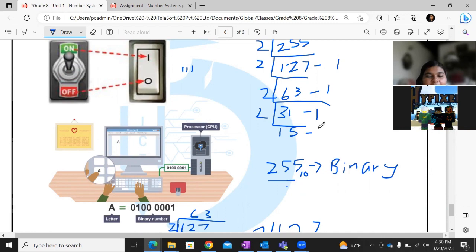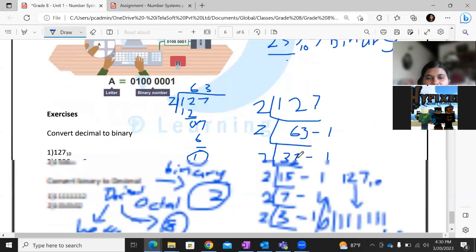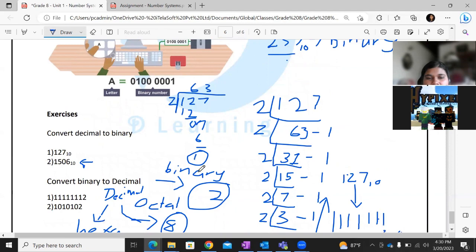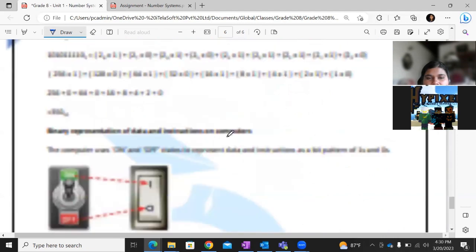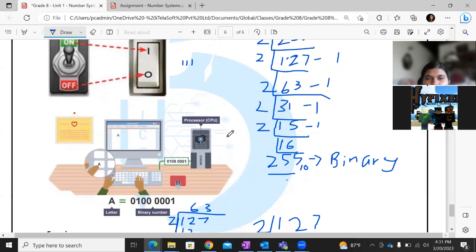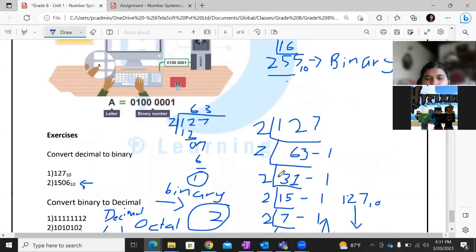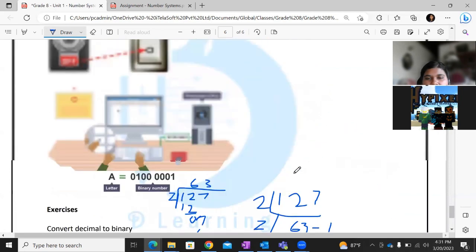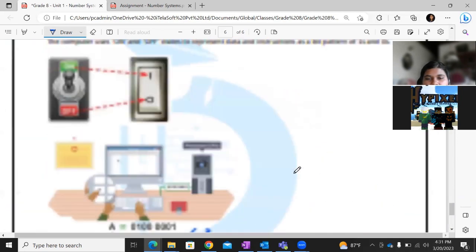Just one more, 1 is added because you need to add 8 digits, right? So this is how we add it. It's a 16 like that. So the answer is taken in this order.